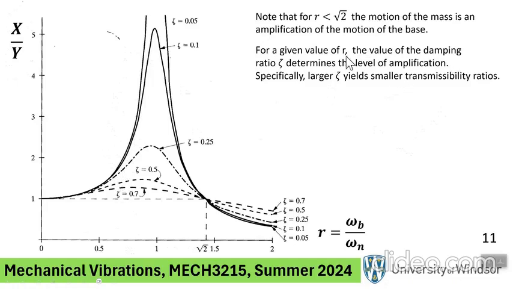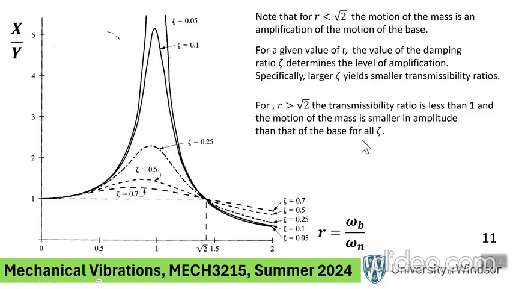Okay, and in Word, it says for a given value of R and a damping ratio, the value of the damping ratio determines the level of this transmissibility ratio. This is a fancy way of saying that, look, you give me R and how big zeta is, I tell you what X over Y is, which obviously we can see from the graph.